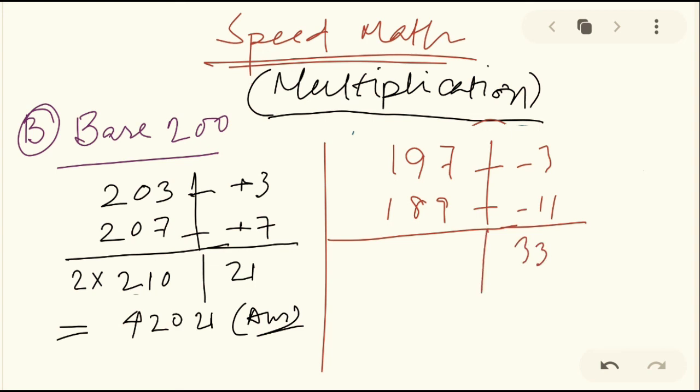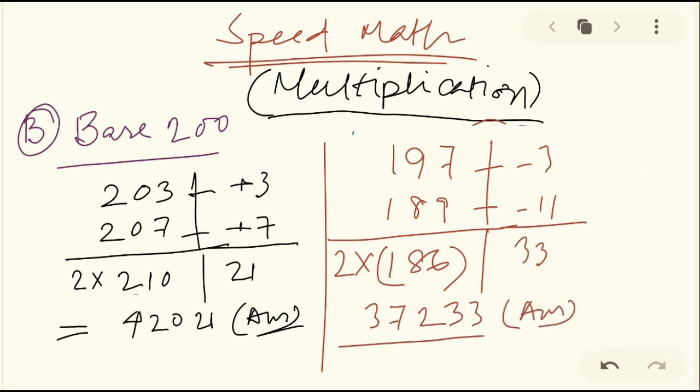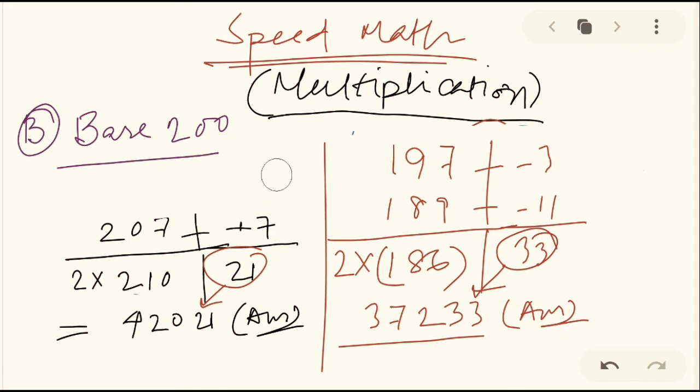And in this case, 189 minus 3 is 186, into 2, so it will be 37233. This value will directly come here. So we'll do another example.